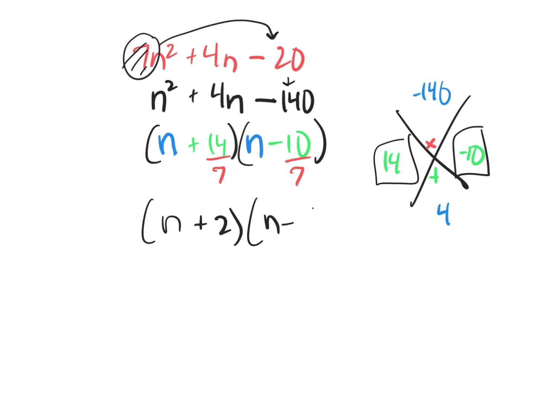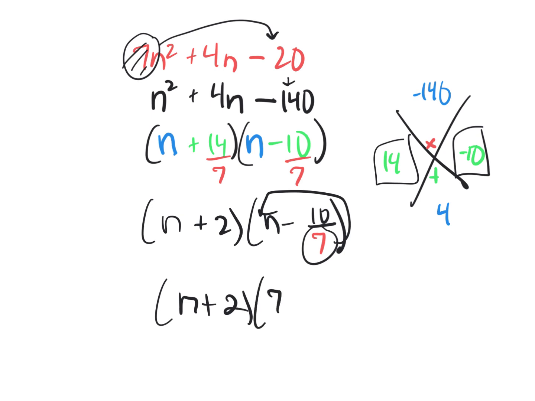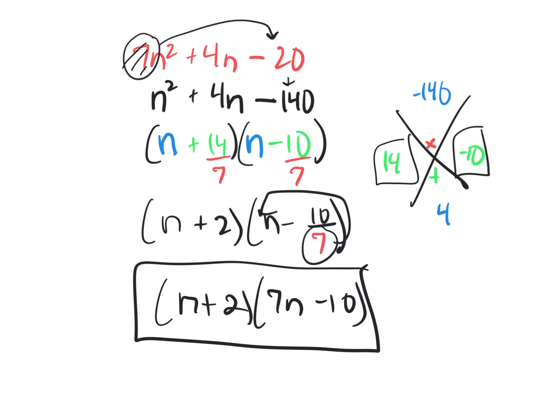And this one doesn't simplify at all. And after you've simplified the fractions, take that denominator and just put it right there. So we get the same answer as before, but we've reduced the amount of guessing and checking.